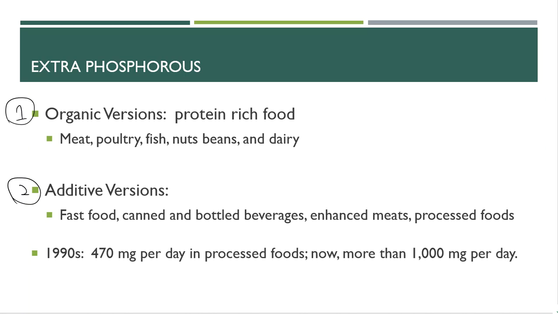They're heavily processed. And in that processing, phosphorus and phosphate can be added to those food products. In the 1990s, the average consumer basically ate 470 milligrams per day. And now what we're finding is that that has increased and it has more than doubled.